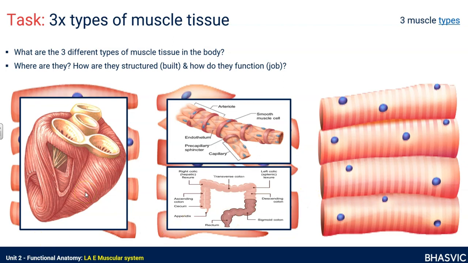So we've got cardiac muscle tissue found only in the walls of our heart chambers, and we've got smooth muscle tissue only found around or in the walls of the hollow tubes of our body, blood vessels or our digestive tract, which leaves us this on the right then, this stripy or striated looking muscle fiber.